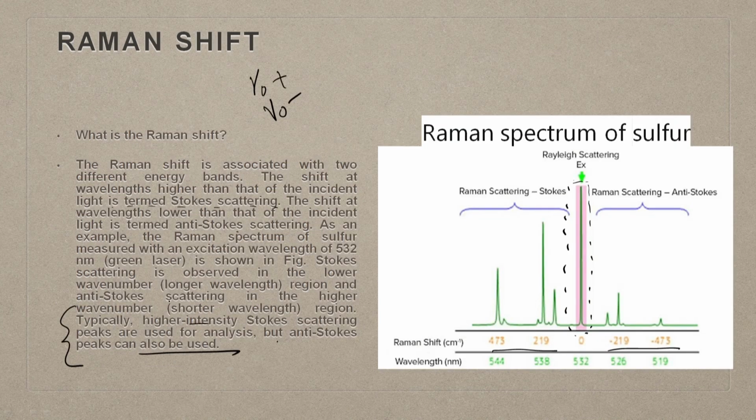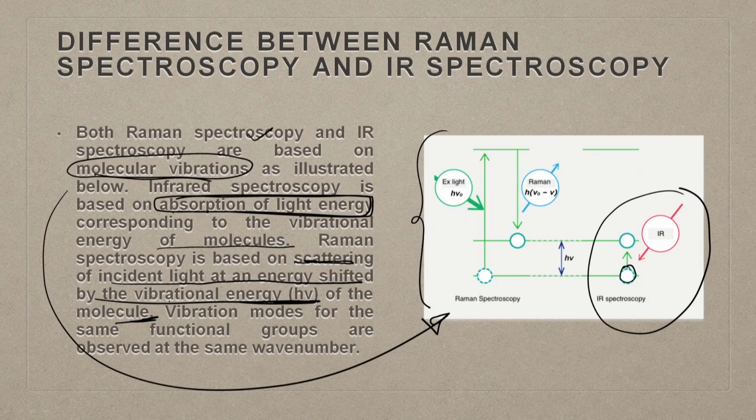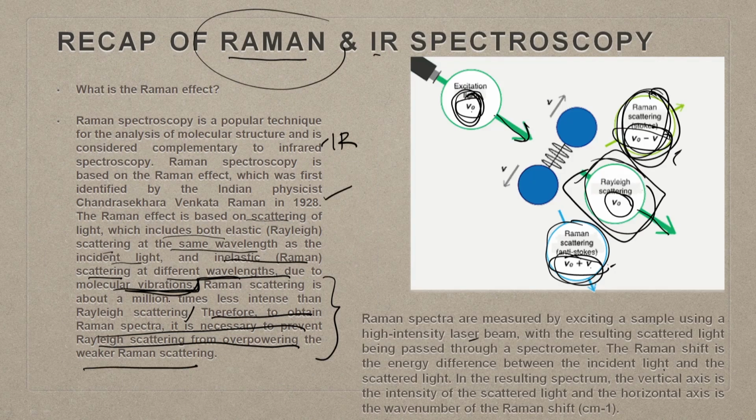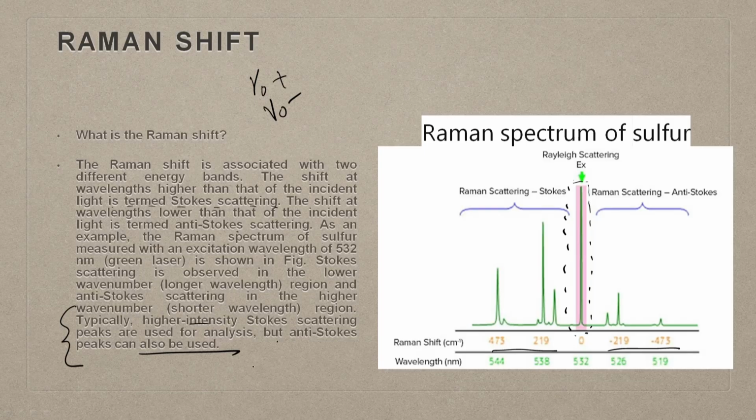Then we talked about the Raman shift, and while talking about it, we talked about Rayleigh scattering and how we need to suppress the Rayleigh scattering in order to get the Raman spectra, because Raman spectra get submerged as the Rayleigh scattering is much higher. And we talked about Stokes and anti-Stokes values, then the representation of the Raman spectra.